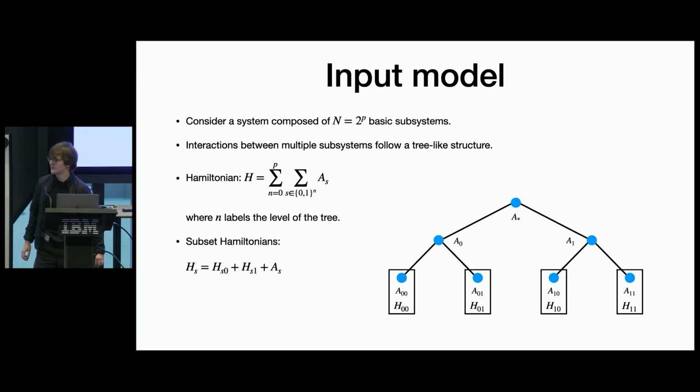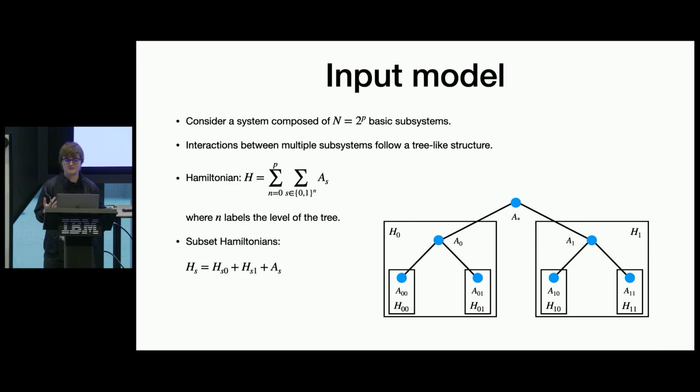And we also define subset Hamiltonians, which are basically just the Hamiltonians of the child nodes, which are the non-interacting subsystems that we consider, plus the interaction term A_S between the two child nodes. So for the leaf nodes, this is just the base case. So the subset Hamiltonian is the same as just the interaction term.